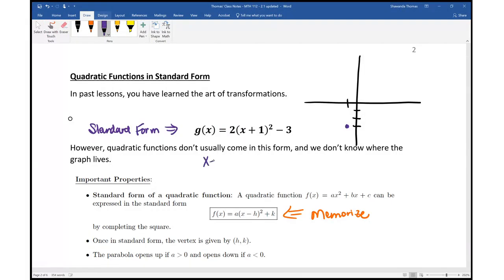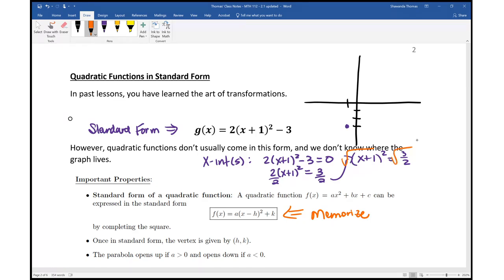So x-intercepts, for example, we can set this form to 0. And let's see what we get here. We can add 3. We can divide by 2. So that's (x plus 1) squared equals 3 halves.